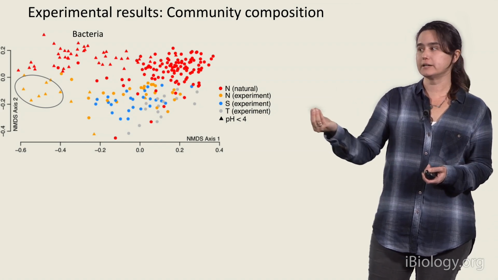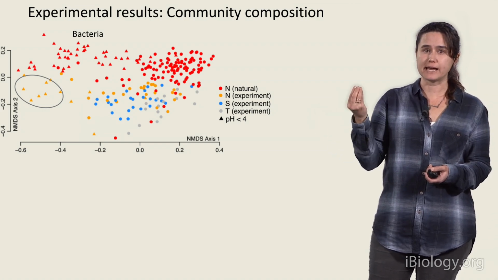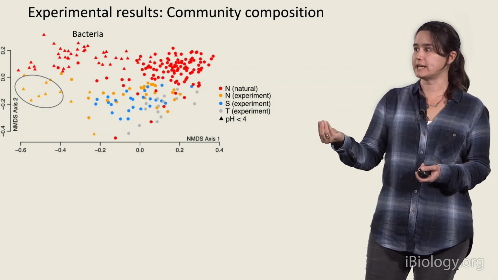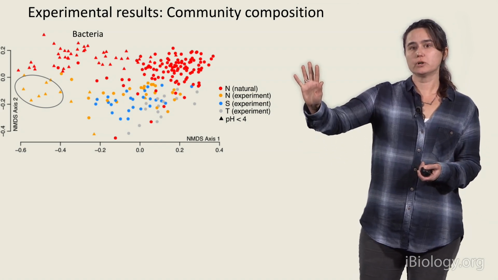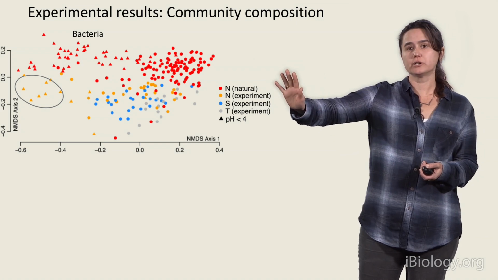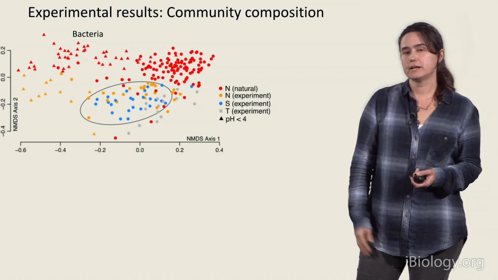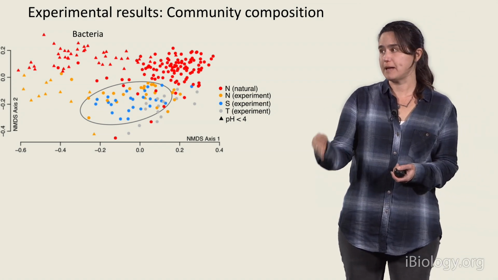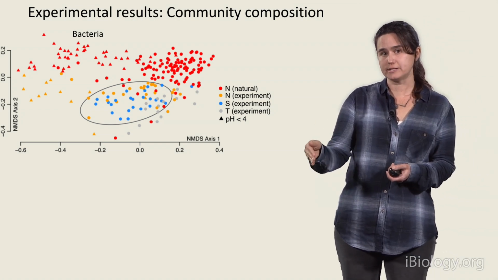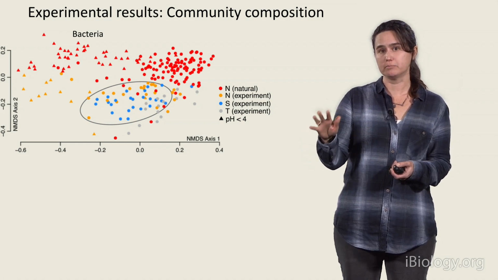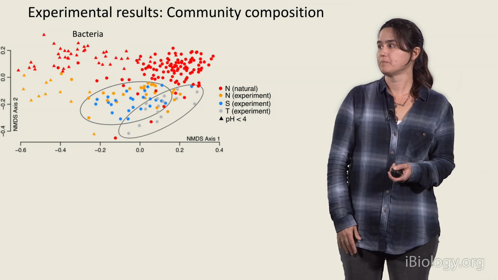And the first clear signal we got out of this experiment is that pH drives the bacterial communities. So if the pH is less than 4, those samples cluster away from other samples. But in the experiment, the Nepenthes of that experiment and the Sarracenia of that experiment cluster together. You can see the yellow and blue intermingled here.